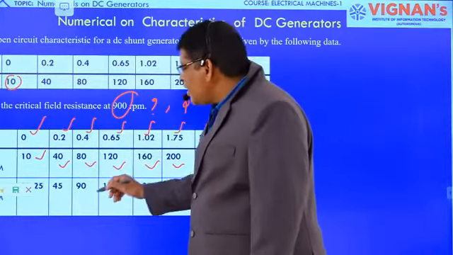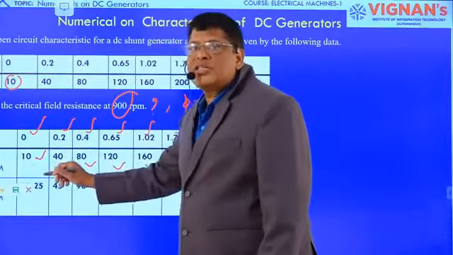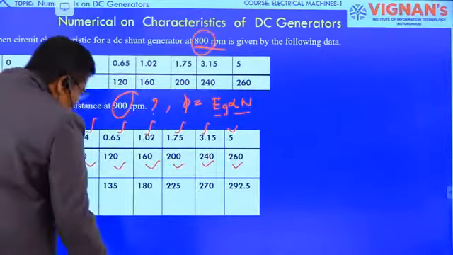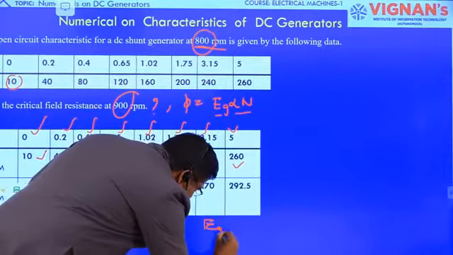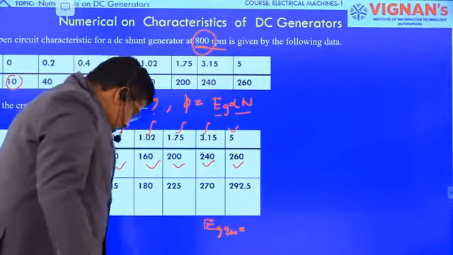If the generator is running at 900 RPM, what is the voltage induced in the generator?